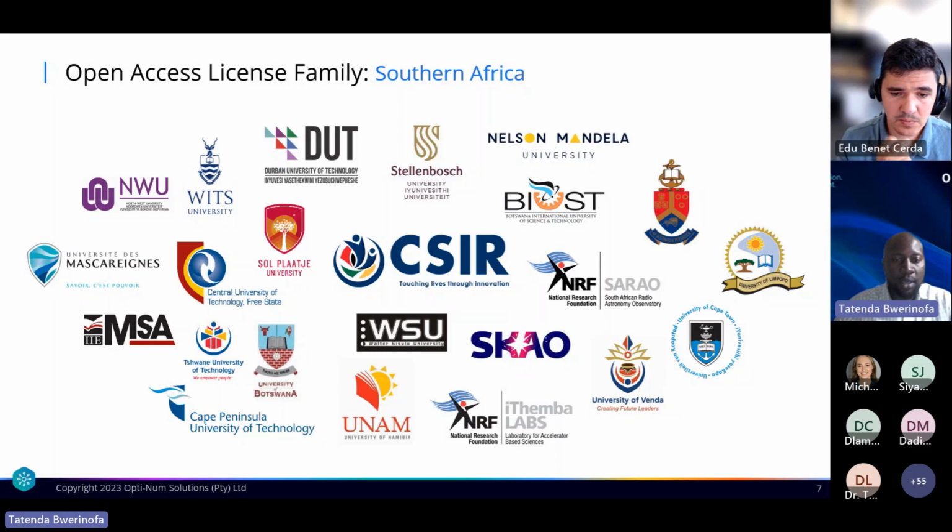Some of the universities in our open license family are Nelson Mandela University, Northwest University, the University of Pretoria, and the University of Wits. With some of these institutions, Optimum provides technical installation support, with regular seminars and workshops for training your staff to be able to use these tools within your development network.